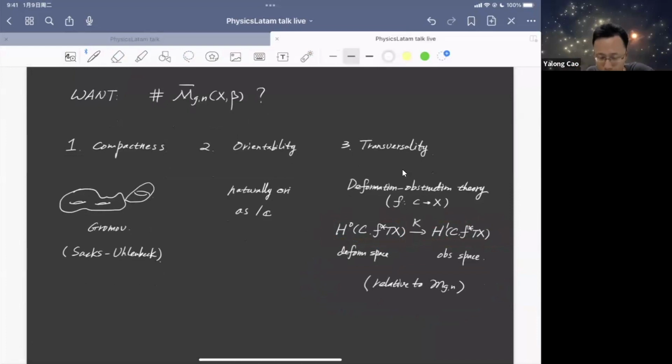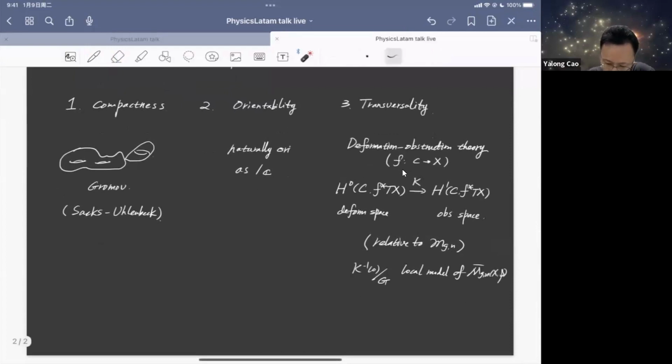This is a complex algebraic map such that the zero locus of this kappa, up to some finite group G, gives you the local model of your moduli space M_g,n(X, beta).